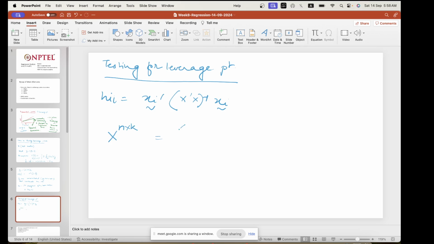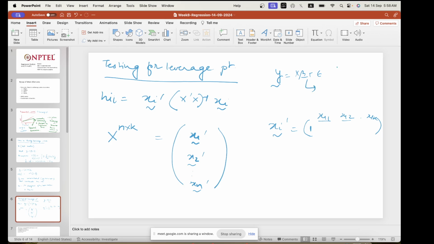If we write it like this, x1 prime, x2 prime, up to xn prime, where each xi prime is a vector, where this is the intercept term, this is the x11 term, this is the x12 term, and this is the x1k term.